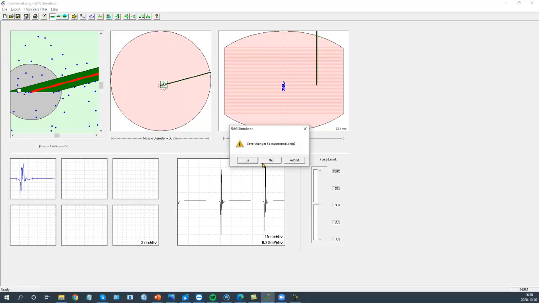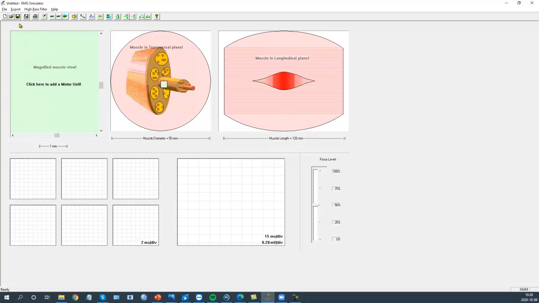So we must test something else. We are going therefore to insert.